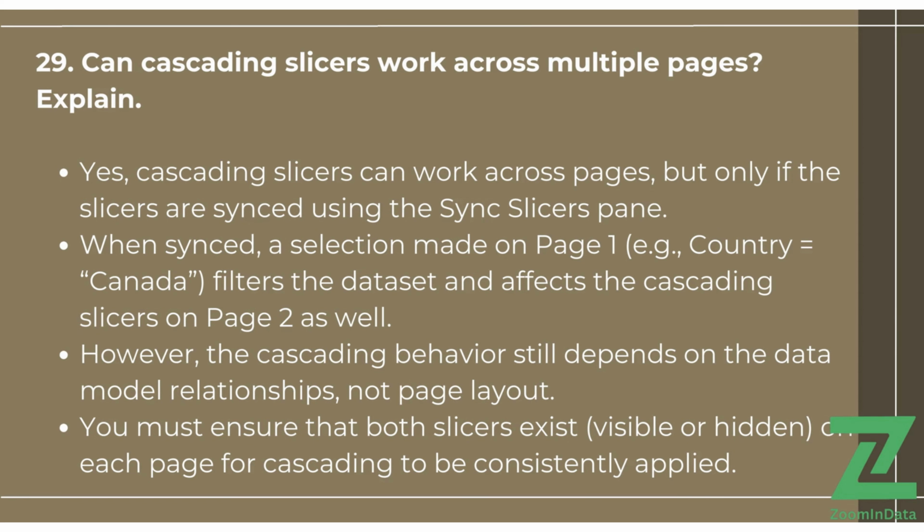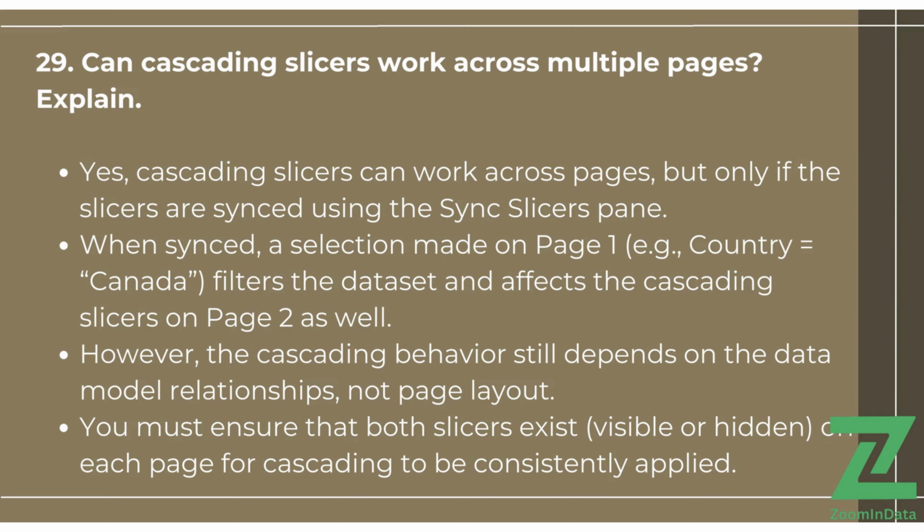29th question. Can cascading slicers work across multiple pages? Explain. Yes. Cascading slicers can work across pages, but only if the slicers are synced using the Sync Slicers pane. When synced, a selection made on page 1, for example, country equals Canada, filters the dataset and affects the cascading slicers on page 2 as well.